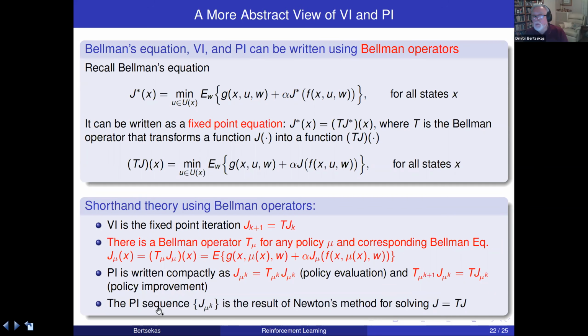Moreover, I'm going to argue pictorially that the policy iteration sequence, generated starting from some initial policy mu 0, is the result of Newton's method for solving this Bellman equation.